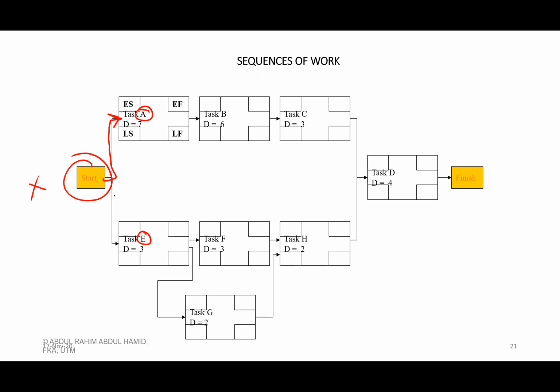Some people might put A on the top and E at the bottom, or E on the top and A at the bottom. Is it wrong or right? Actually, any way that you draw and put your boxes on paper is okay. The most important thing is how you link those activities together. If you wrongly link, then for sure you will get the wrong answer, regardless of how beautiful your drawing could be.